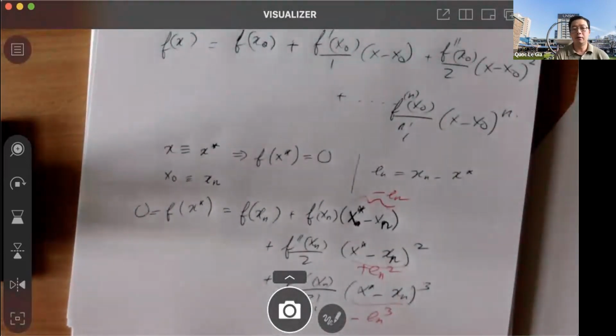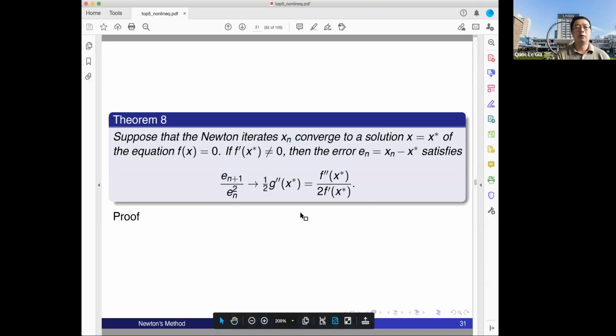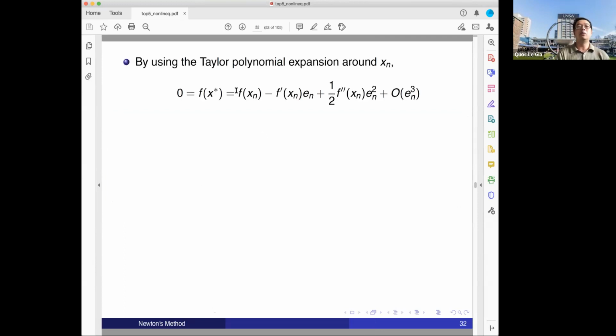So that is how I get the formula in the slide. Now if I go back, remember we define errors en to be xn minus x star, and x star is the solution of f of x equals 0. So you use the expansion around xn, and you plug in x equal x star.